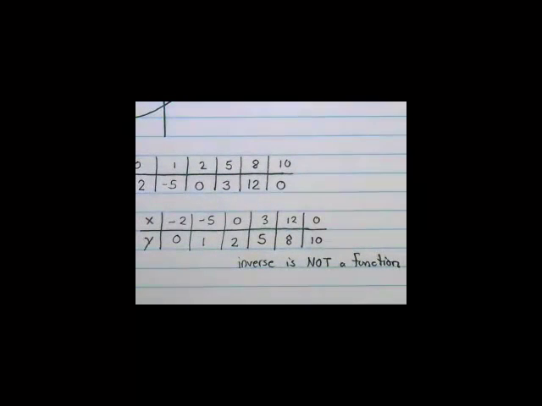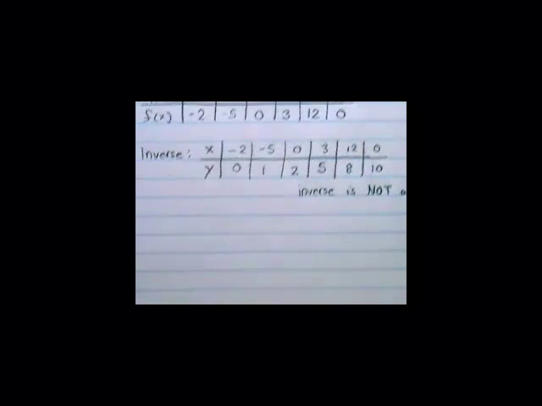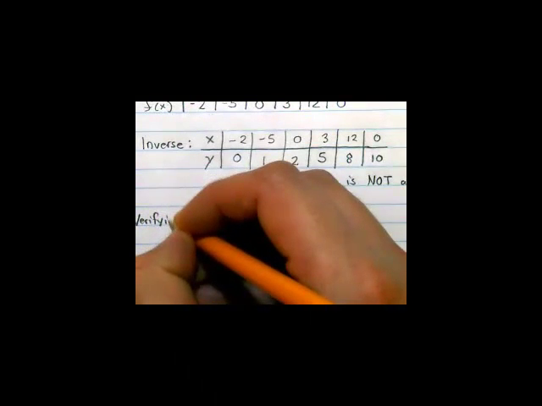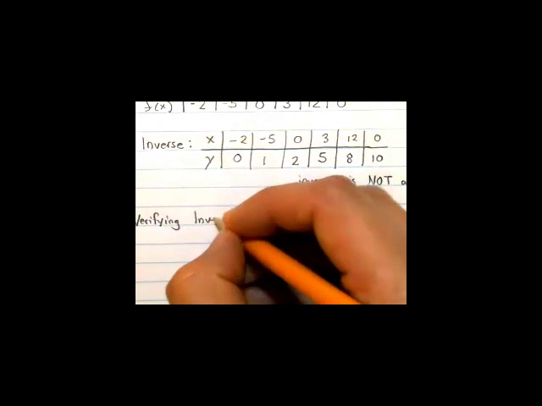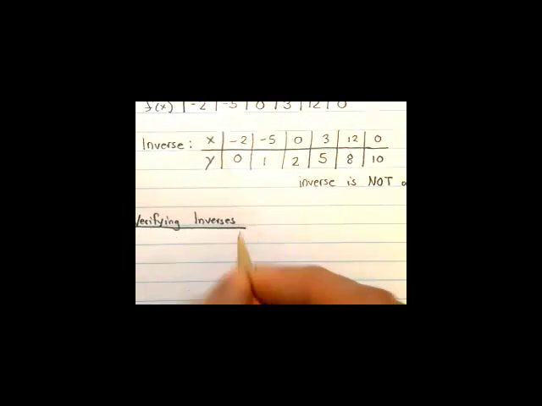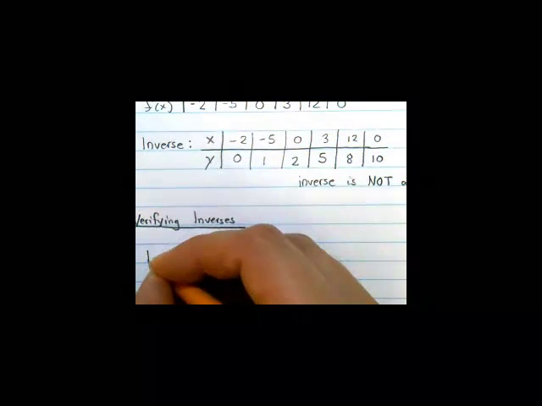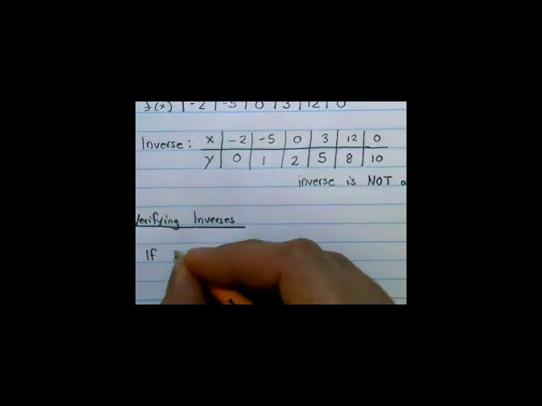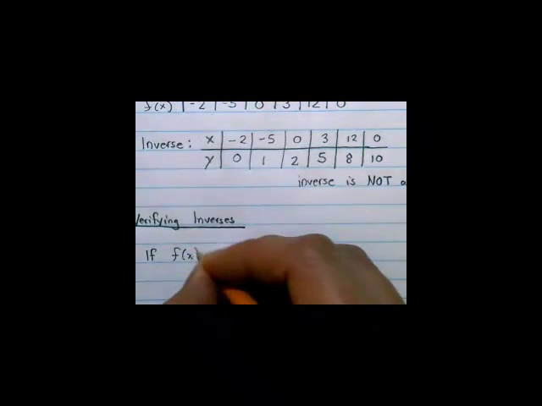All right, so the last thing I want to show you guys, and then we can be done, is verifying inverses. Okay, so here's the idea. I'm going to write this down. It's probably not going to make a ton of sense, but then afterwards I will explain what it means.